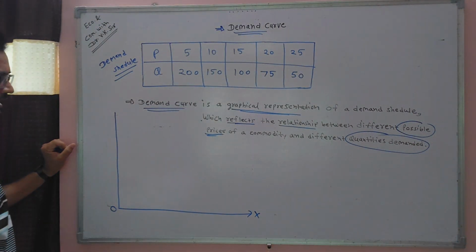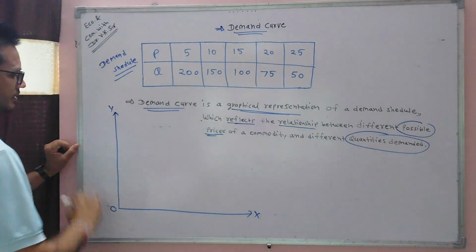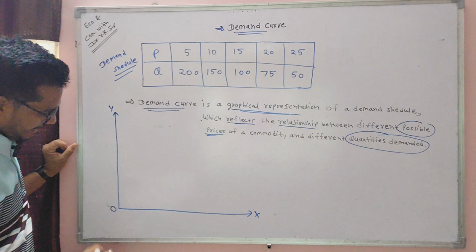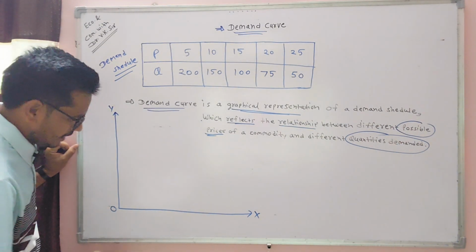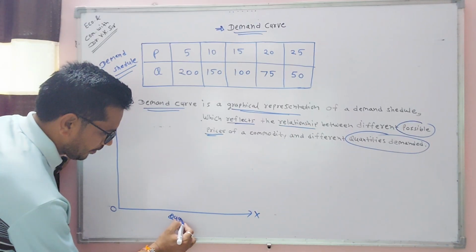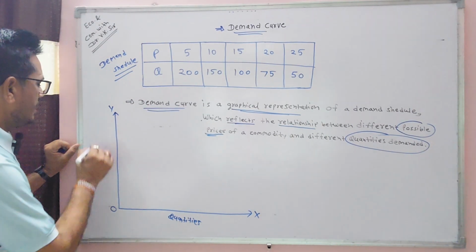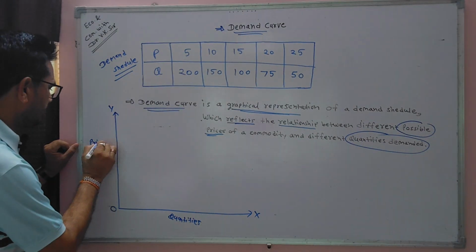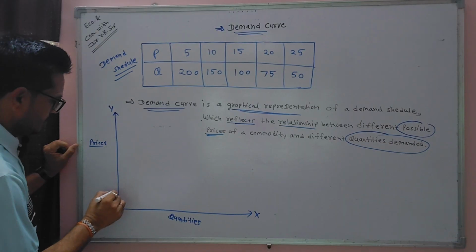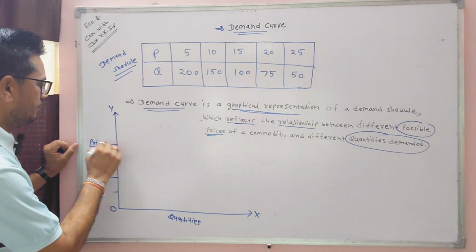This is the OX axis and this is the OY axis. On the OX axis there is quantity demanded and on the OY axis there is price: 5, 10, 15, 20 and 25.